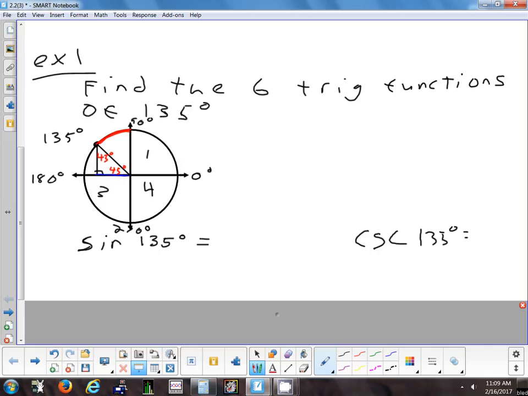Remember the number, I think Jamel or Gabe, one of them said it? What's the number that we always use with the 45, 45, 90? It's the square root 2 over 2. So this is square root 2 over 2. And what about, Jacqueline, what about the height? It's also square root 2 over 2.